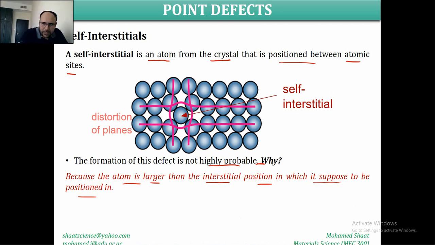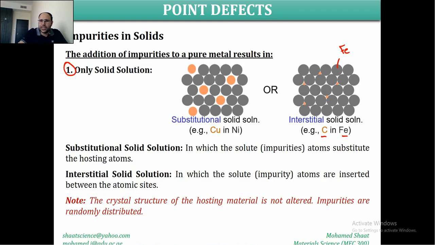If it is of the same type, it will be a self-interstitial. If it is of a different type, it will be an interstitial solid solution, or interstitial of a different material, which is likely an impurity like carbon, inserted into the vacuums or the gaps between the atom sites of the Fe, which is iron.